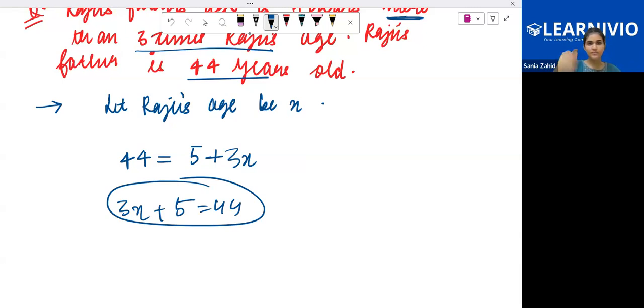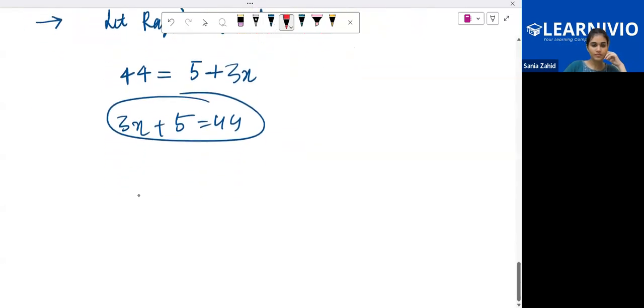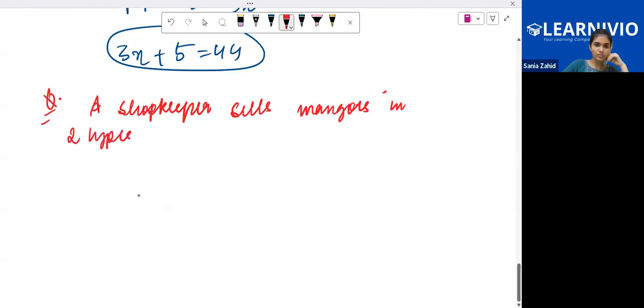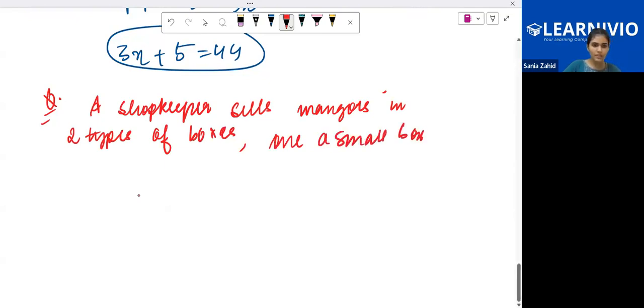Now the next question we have is: a shopkeeper sells mangoes in two types of boxes, one a small box and the other a larger one.